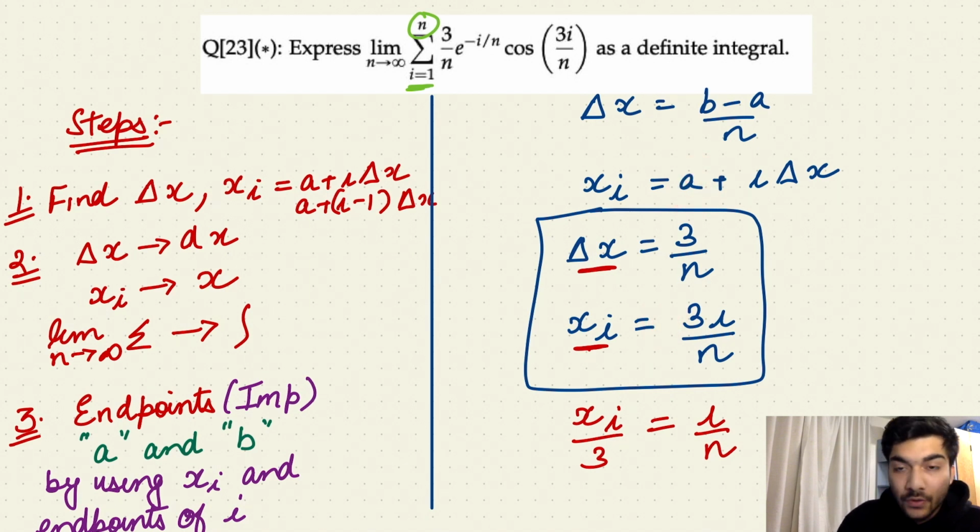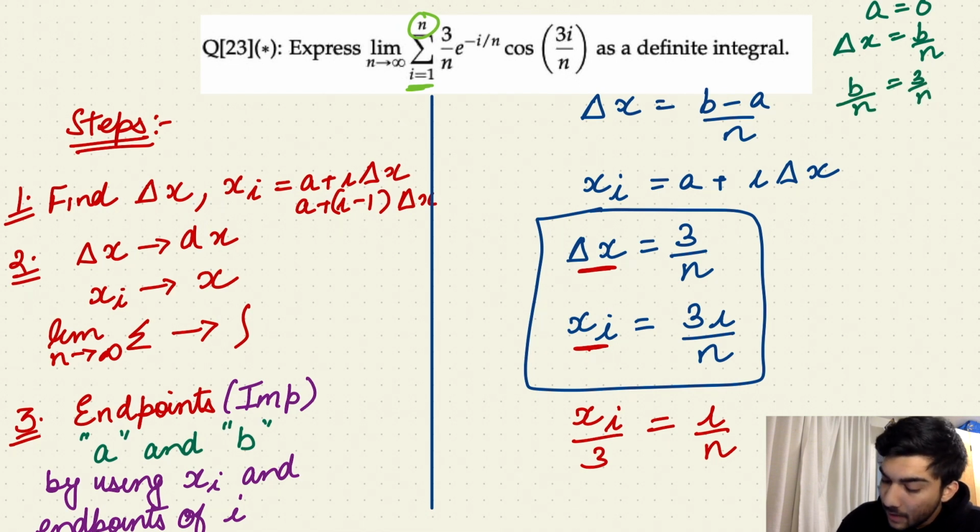So if I were to do it another way, I would have taken a to be 0, and since I knew that my delta x was b minus a over n, my delta x would become b over n, which can be equated to 3 by n in this case. So b over n is 3 over n, which would have given me my right endpoint as well.